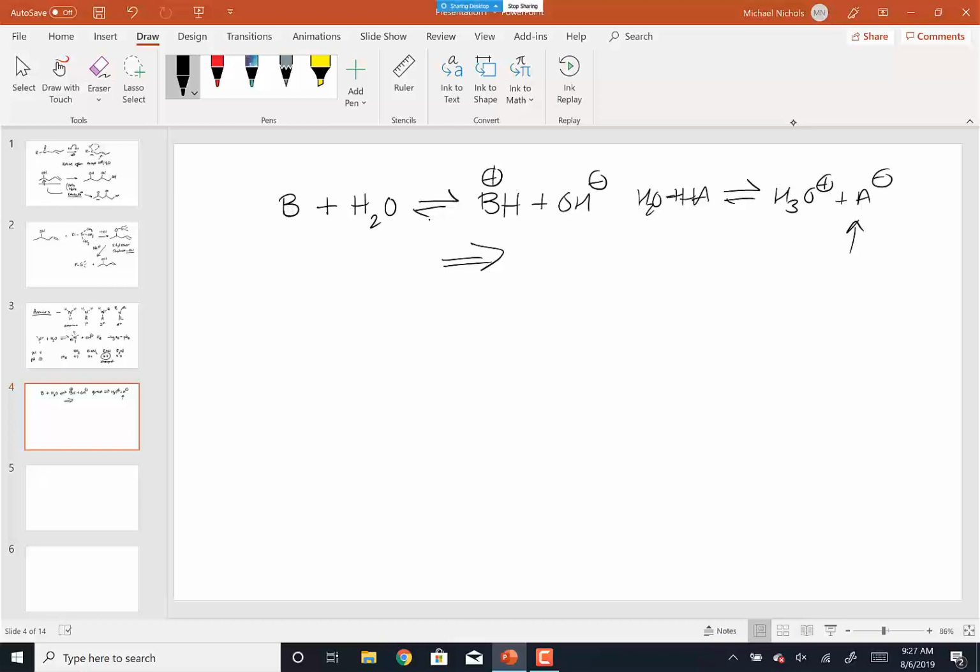Make the BH plus more stable, because then the equilibrium will shift to the right. Okay? How do you make BH plus more stable? Add an alkyl group to it. So now let's go to nitrogen. Now let's not deal in sort of generalities. Let's go right to the amines.